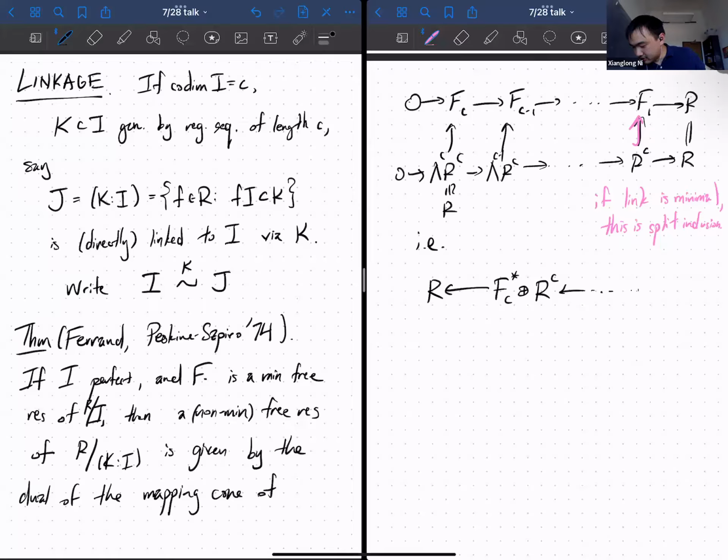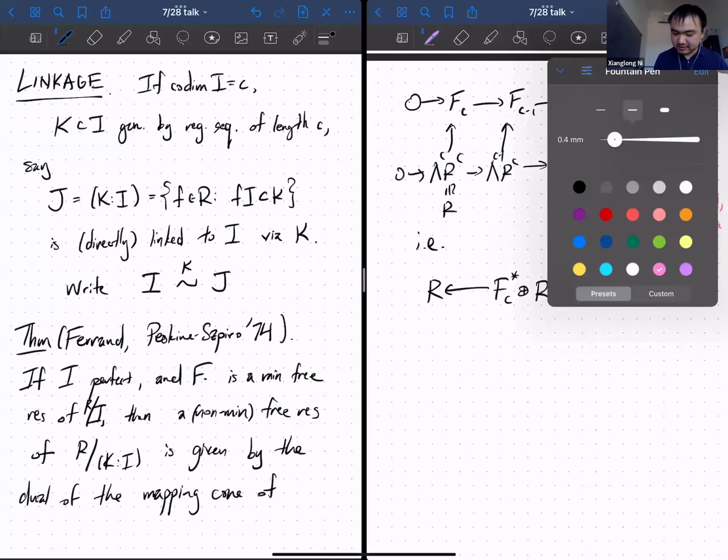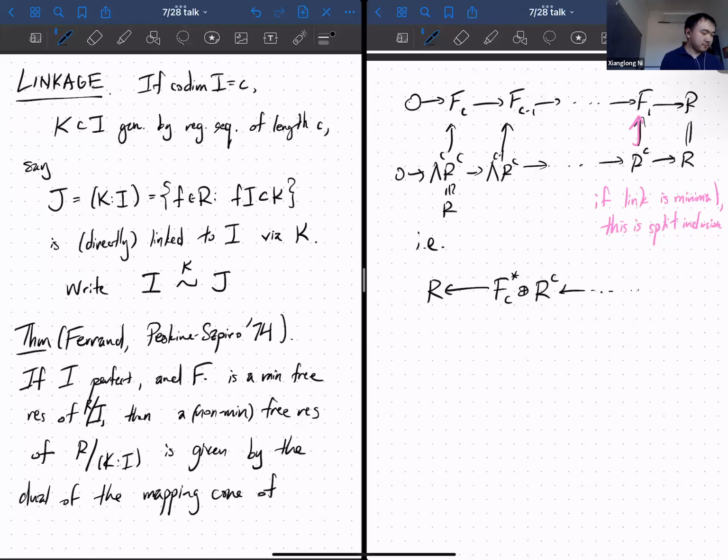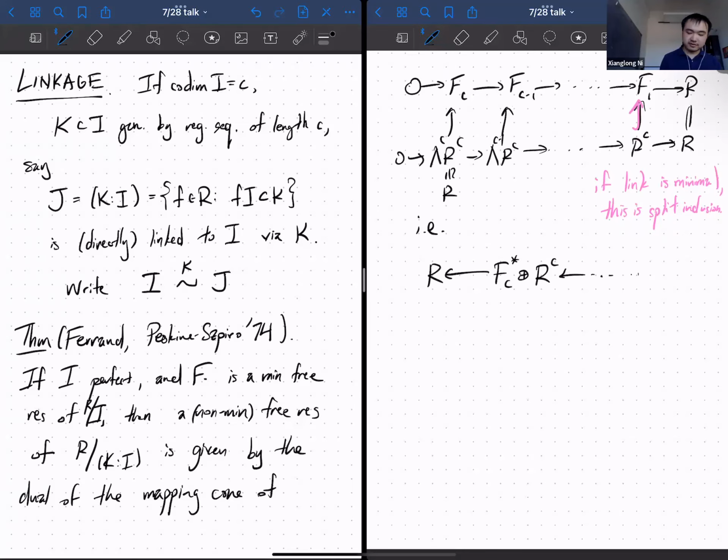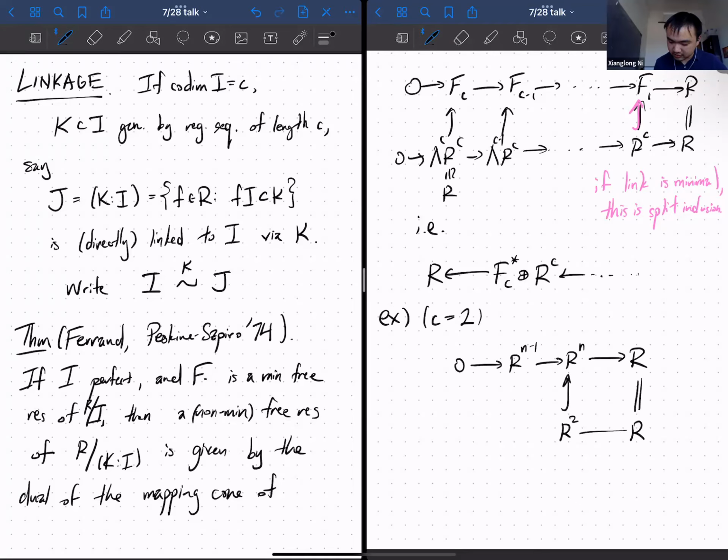I think I should take the break in around 5 minutes from now. So I'll say a few more words about linkage, state the main result on linkage, and then we'll take the 5-minute break. Let's see what this result says in the case of codimension 2. So if c equals 2, the free resolution of R mod I looks like R^(n-1), R^n, R. If I take a minimal link, here I have a split inclusion of R^2 into R^n, and the Koszul complex just looks like this.